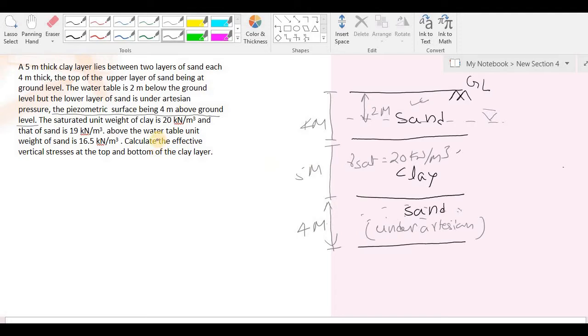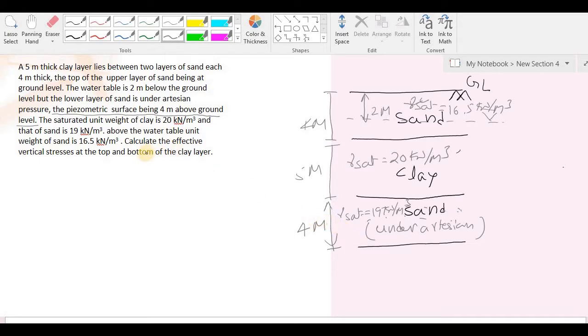So that's why he gave extra information also. Above the water table, unit weight of sand is 16.5 kilonewton per meter cube. It means that here gamma is 16.5 kilonewton per meter cube, and here gamma sat is 19 kilonewton per meter cube. Okay.